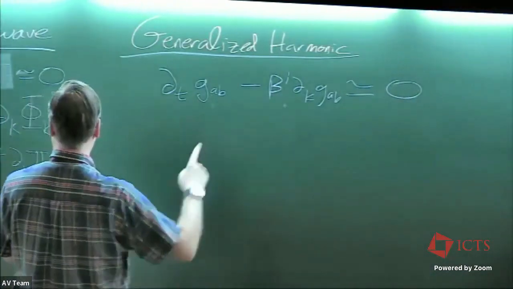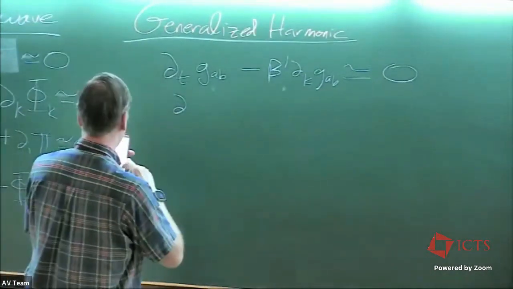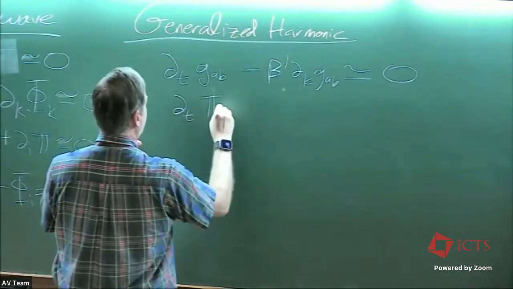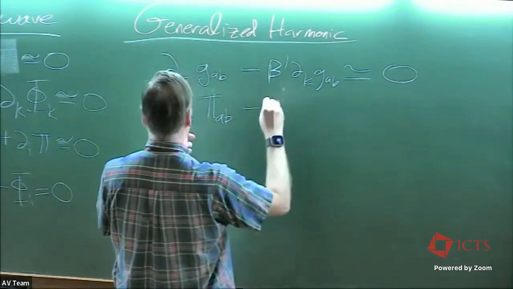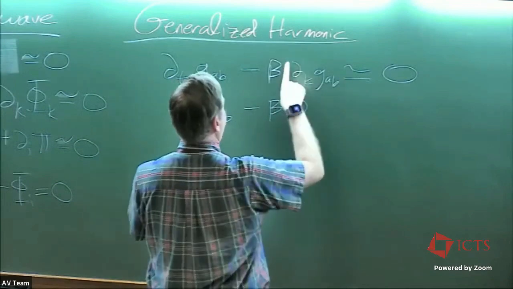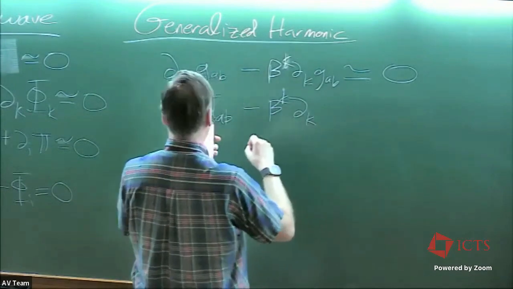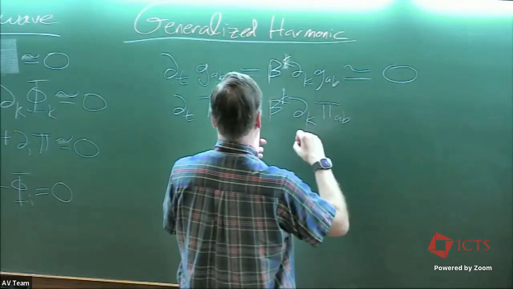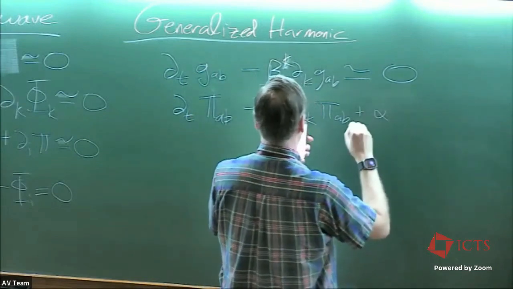Beta i here is the shift. I'll remind you what the lapse and shift are in a second. Partial t Pi_ab minus the shift. Wait, I don't mean b, I mean beta k because I'm summing over these. So that's beta k partial k Pi_ab plus the lapse.